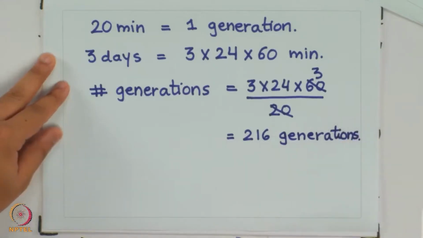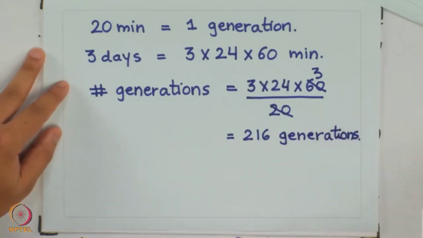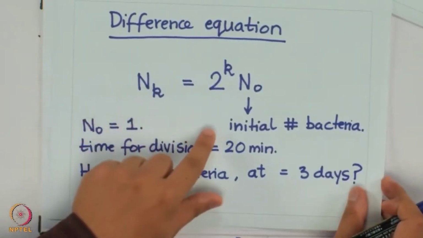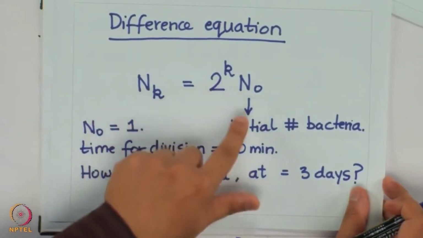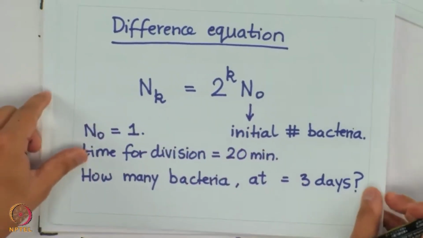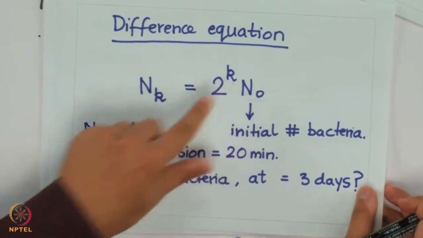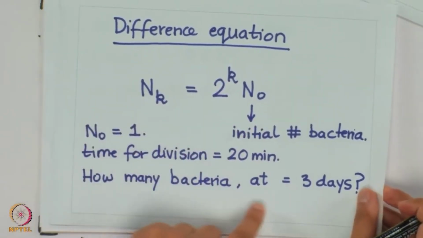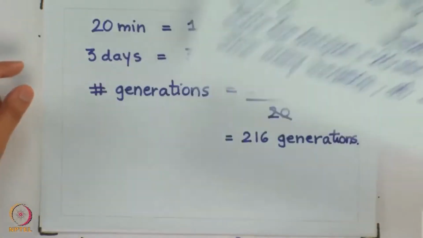Okay. So going back to our earlier result, where we say that number of bacteria after k generations is just equal to 2 to the power k times n naught, where n naught is the initial number of bacteria. If we plug k is equal to 216 and n naught is equal to 1, we get the number of bacteria which are there after 3 days. Right?